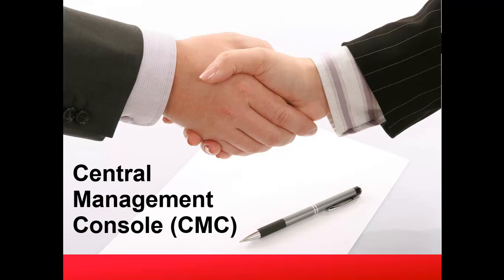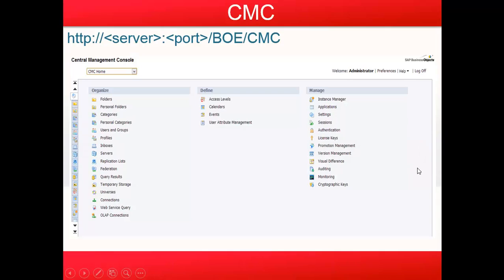Let me go to the next slide where we'll talk about the Central Management Console in an SAP system. Here you can see the URL to access it. You can type http://, the server name, the port number, /BOE/CMC.